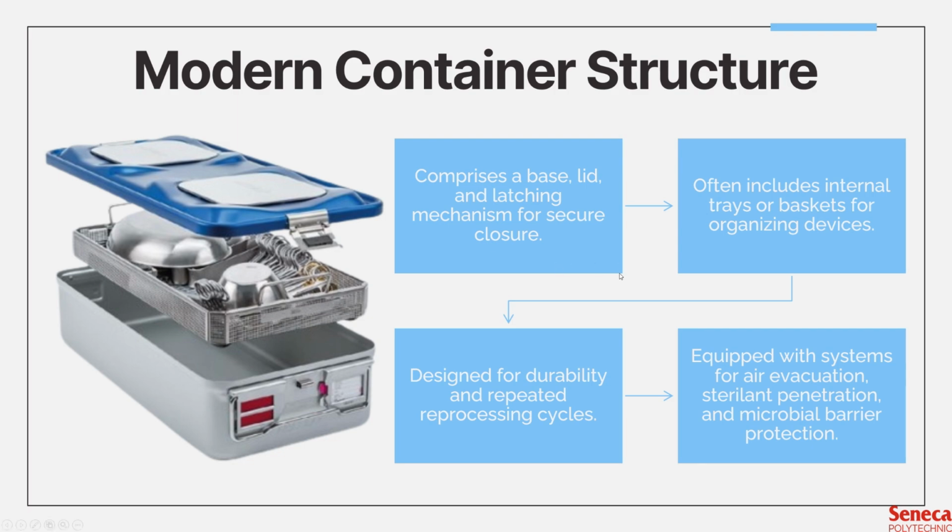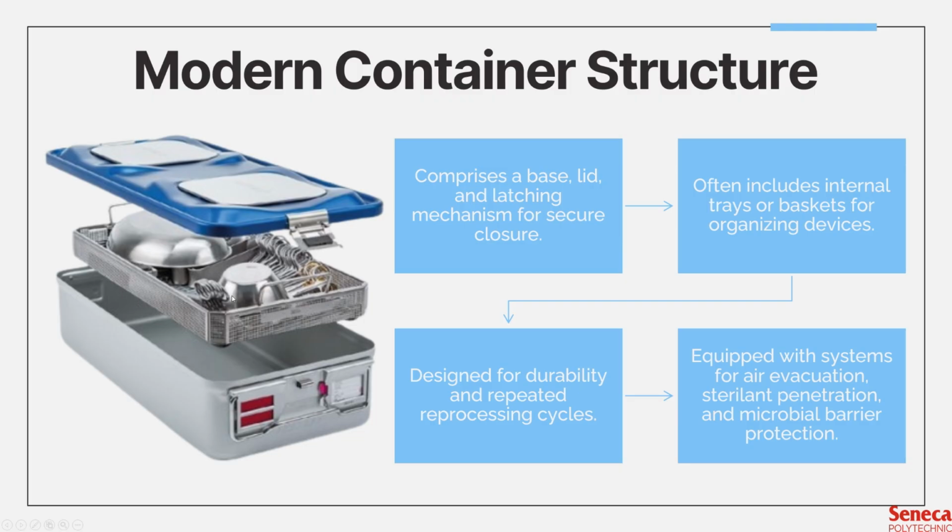Each container has two major parts, a lid and a base that fit together with a tight airtight seal. So it always comes with a base like this and a lid. Of course, it comes with internal trays or baskets, which hold the surgical instruments.